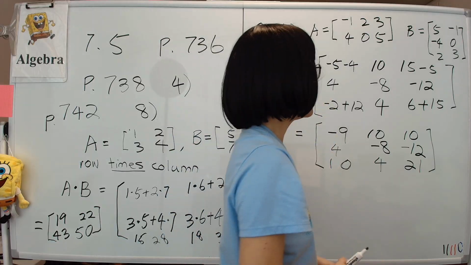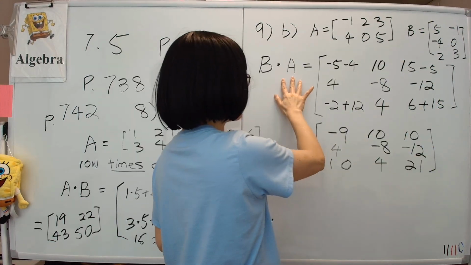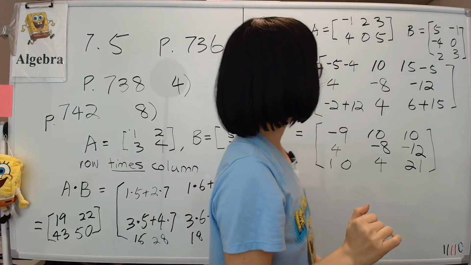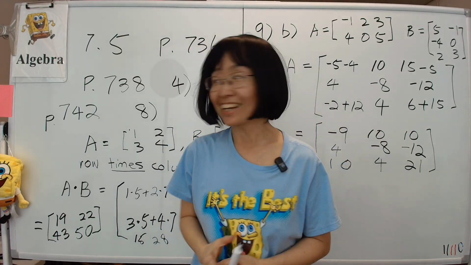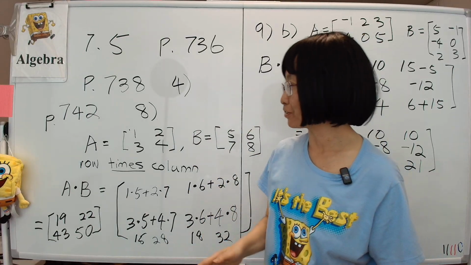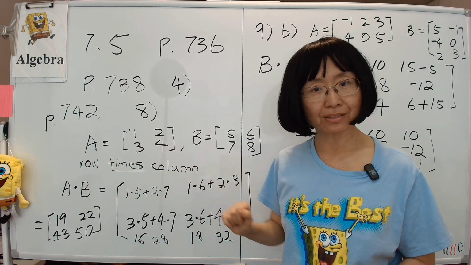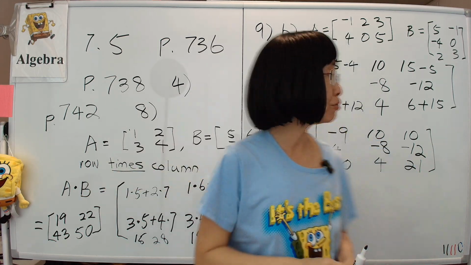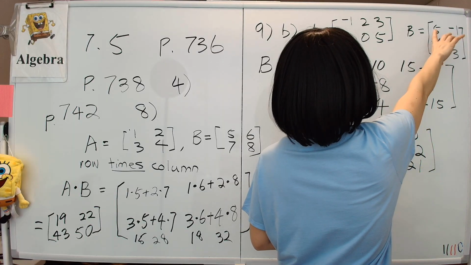You don't care about the columns of the first one here, if you're multiplying this way. What you're doing repeatedly, endlessly, let's say, or at least it feels that way, is you're always doing row times column, okay? And then you write the result where the row and column intersect.